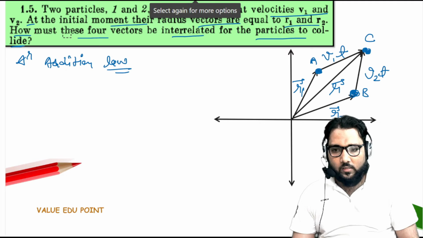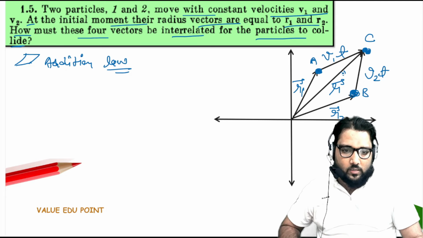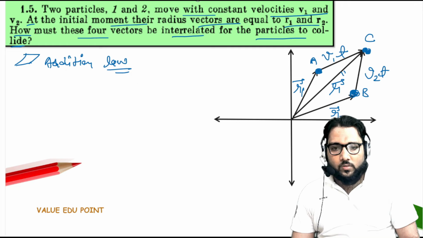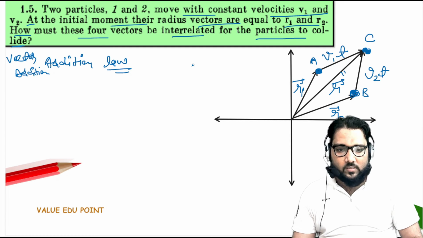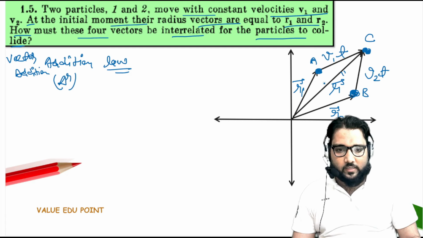Sorry guys, for vector addition there are two theorems: one is triangular, the other is parallelogram. Here one is head, another is tail, so this is the triangular law. This vector plus this vector will give the final vector r3.